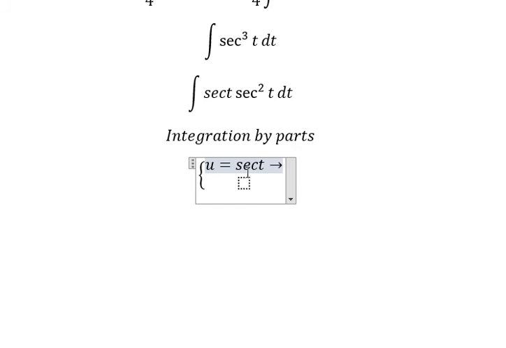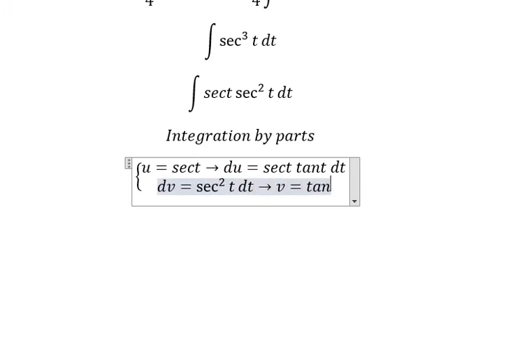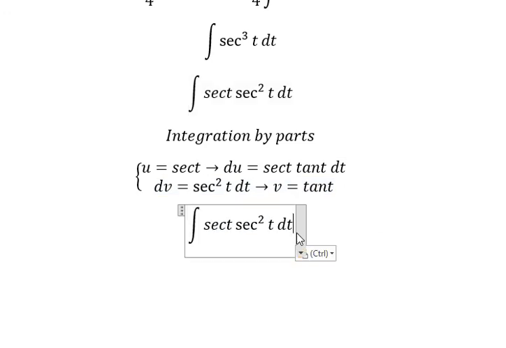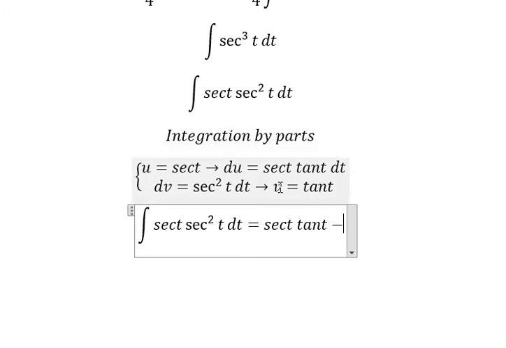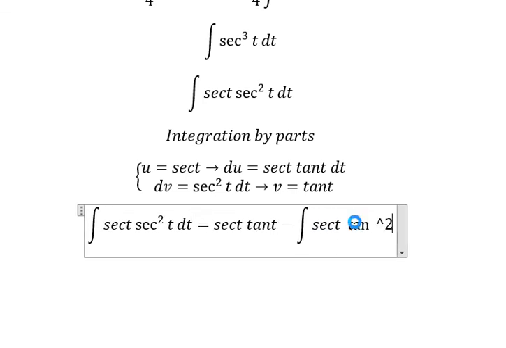Later we take the first derivative of both sides. dv we have secant of t squared dt. The integration of this one, you get v equal to tan t. So we have u multiplied by v minus du multiplied by v, and we have the integration of secant of t tan t squared dt.